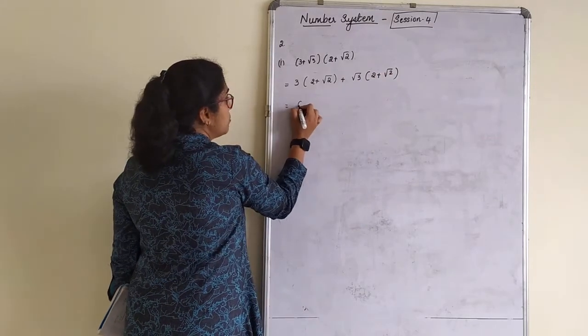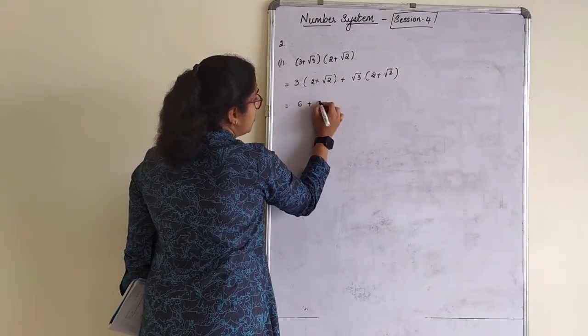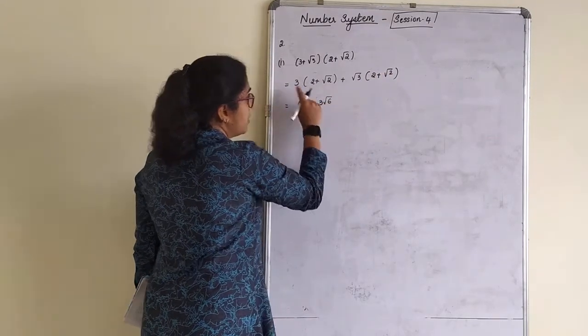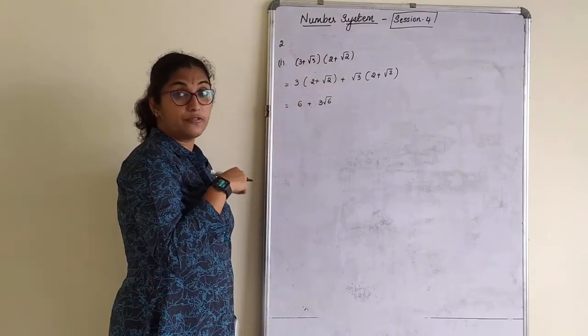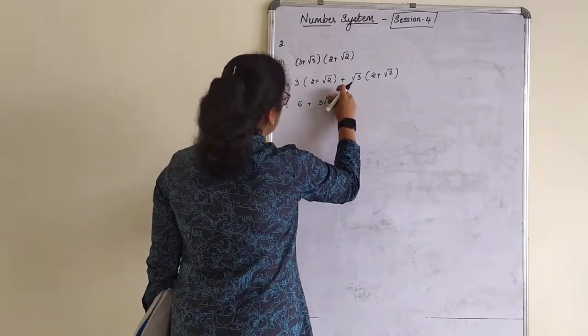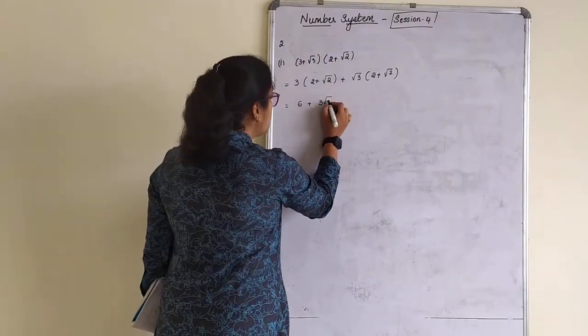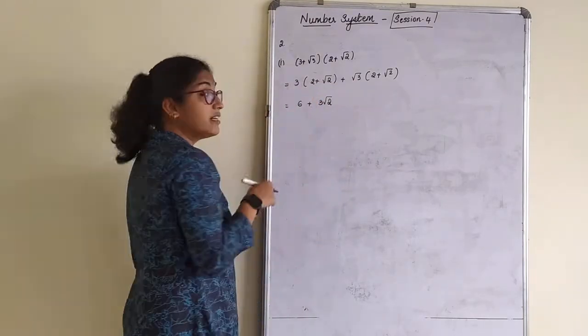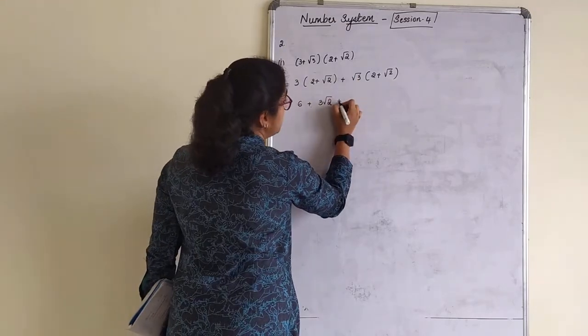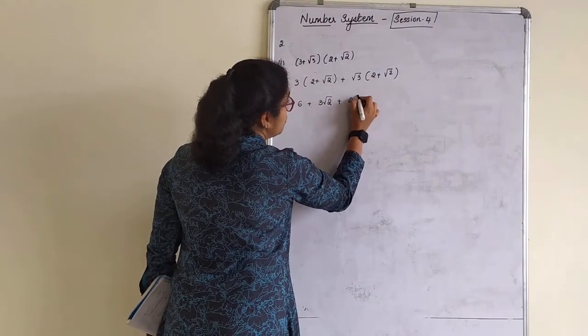Multiply. 3 2s are 6. 3 into root 2, 3 root 2. It's not 6 because 3 is the coefficient. Sorry, 3 root 2. See, I have told you it is not 6 and I myself wrote 6 here. So this root 2 will come as it is. 3 is the coefficient. Then plus here 2 root 3.